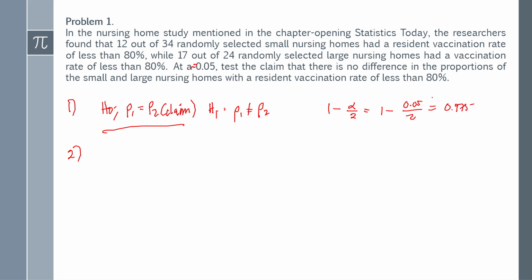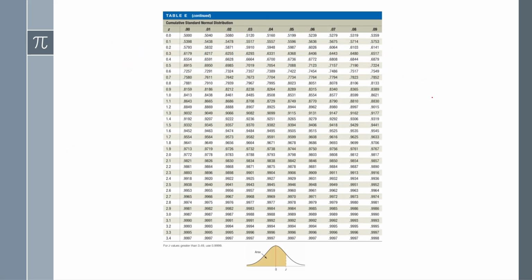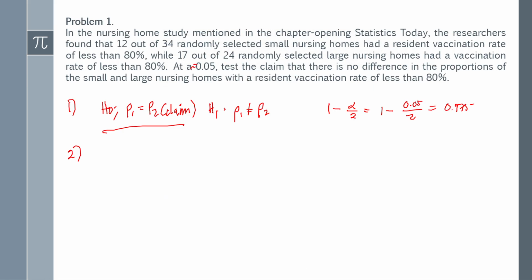This is 0.975. If we locate 0.975 here, this is 1.96. So therefore, the critical value that we have is positive and negative 1.96 because this is a two-tailed test.